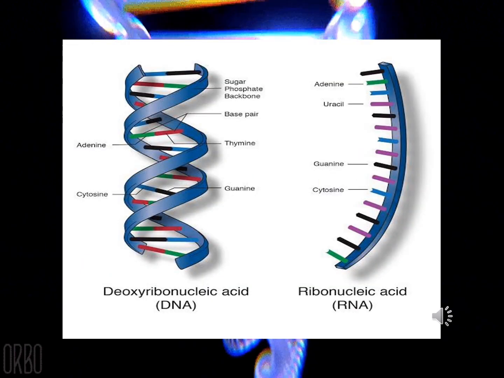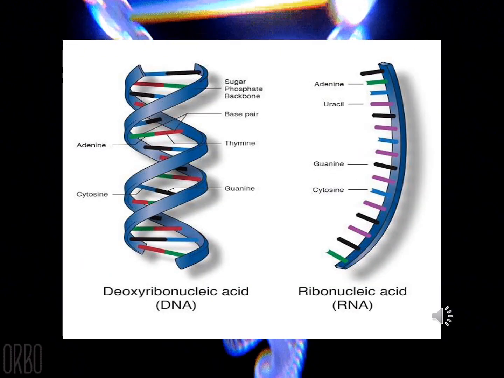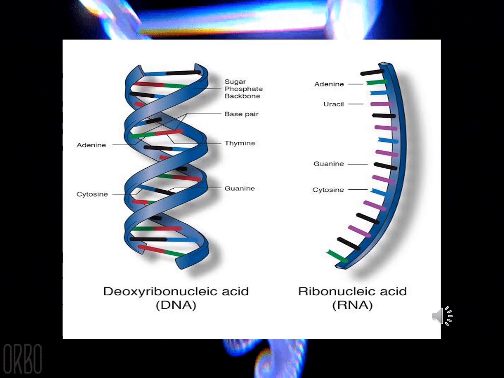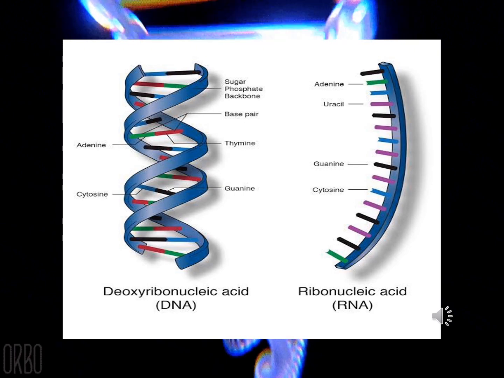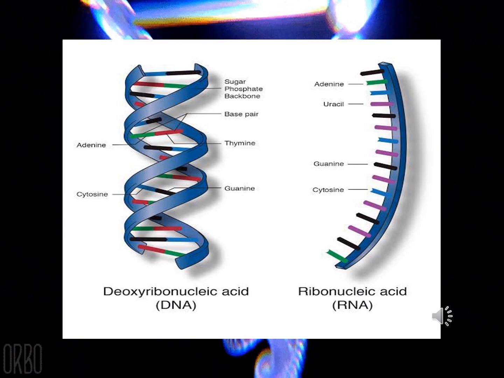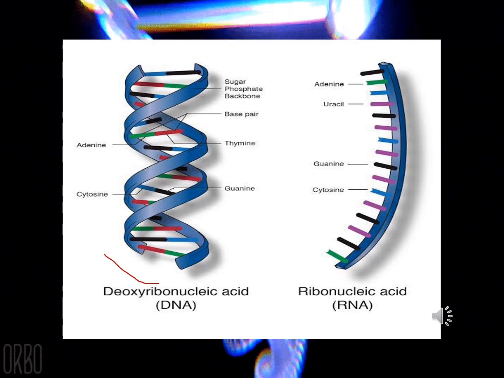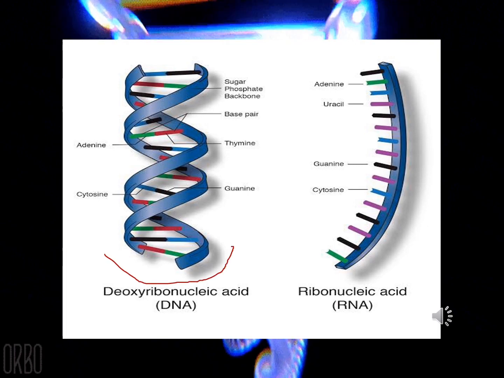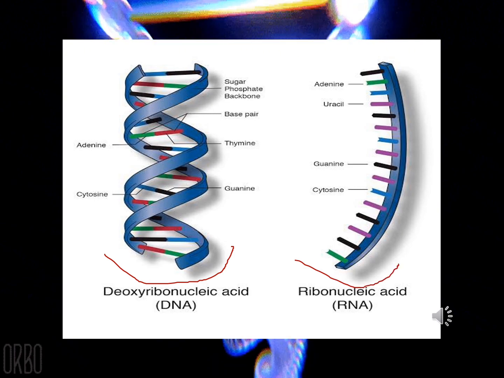To sum it up, we have 3 differences between the DNA and the RNA. You can stop the video and just think about the 3 differences. I just said them in the video before. The first one is that the DNA is made of 2 strands, and the RNA is made of 1 strand.